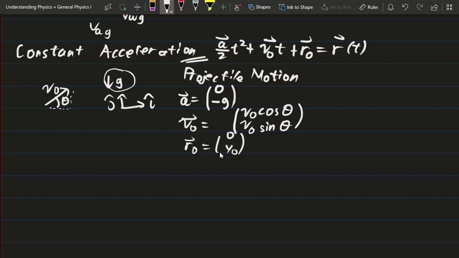So we could write x to be, let's just start from the r0 and then work our way back. So it will be 0 plus v0 t cosine theta and then another 0.